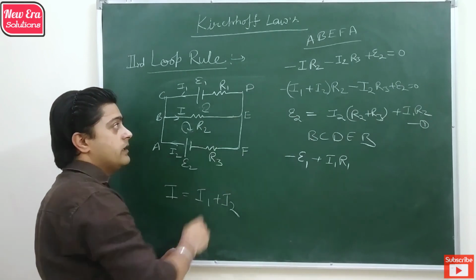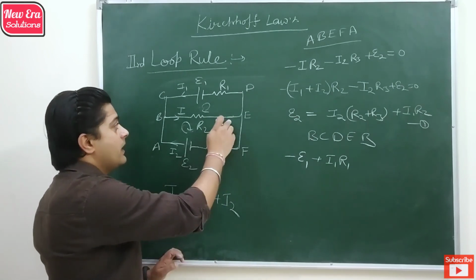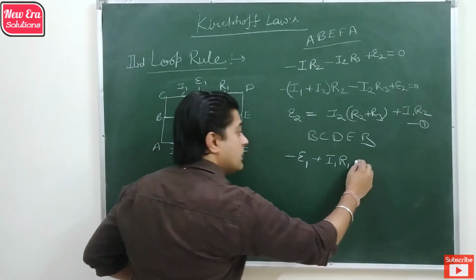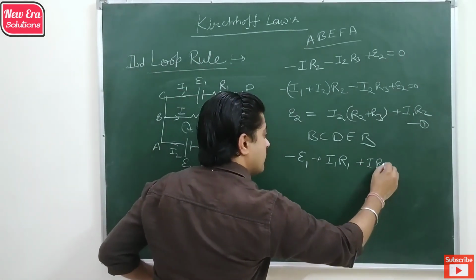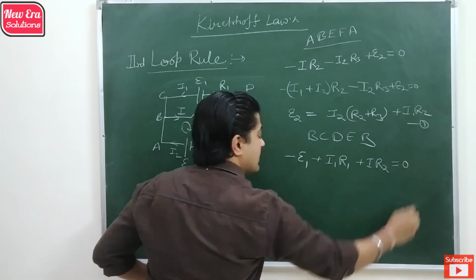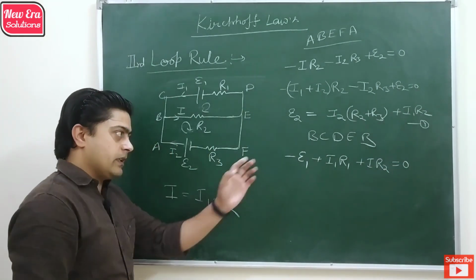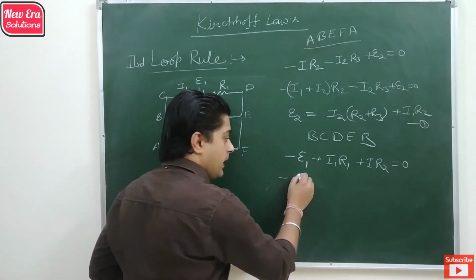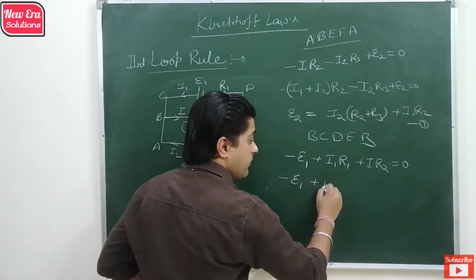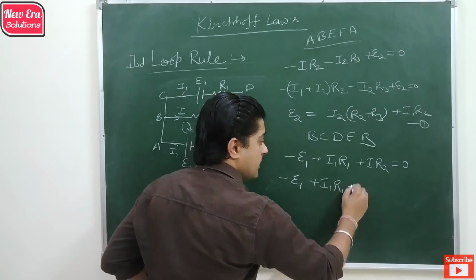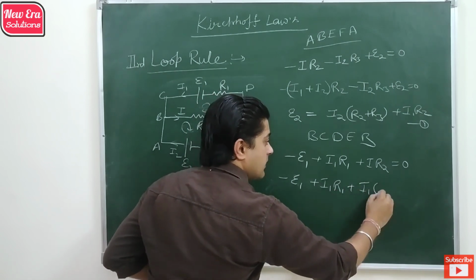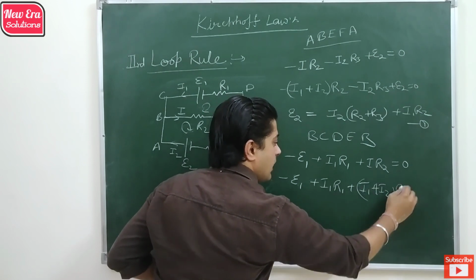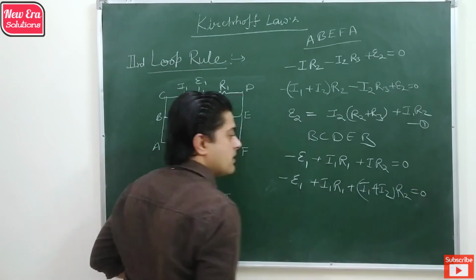D to E, there is no cell and no resistance. E to B, there is a resistance R2 with current I, so that potential is also taken with the positive sign. Then it is equated with 0, putting in the value of the current. We get minus E1 plus I1 R1 plus (I1 plus I2) into R2 is equal to 0.